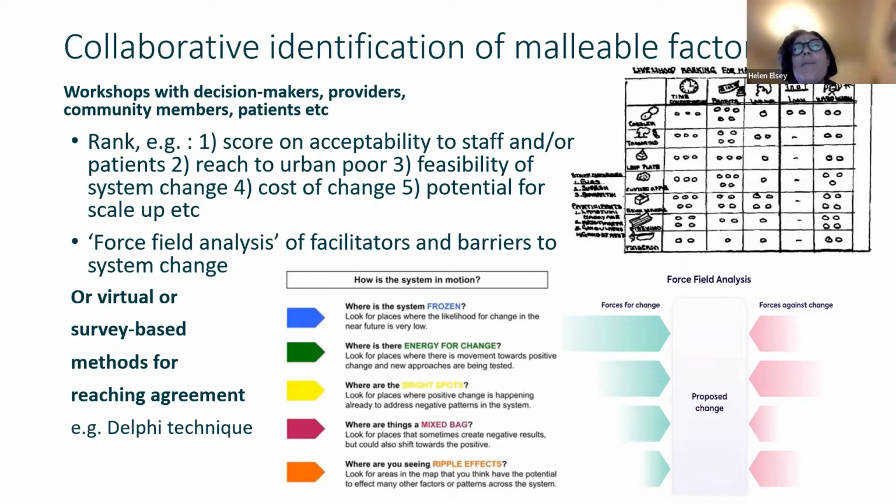They are focusing on health, but they look across different sectors, and they took stakeholders through a whole process of identifying where the system was frozen, where there might be energy for change, where there are examples of things working that could be scaled up, and where you can get ripple effects of things changing. So that's a useful paper that we'll share as well.